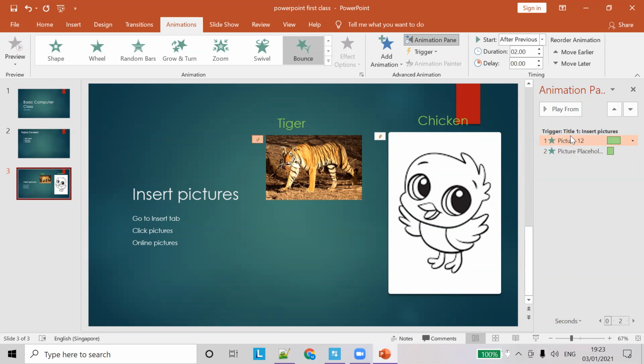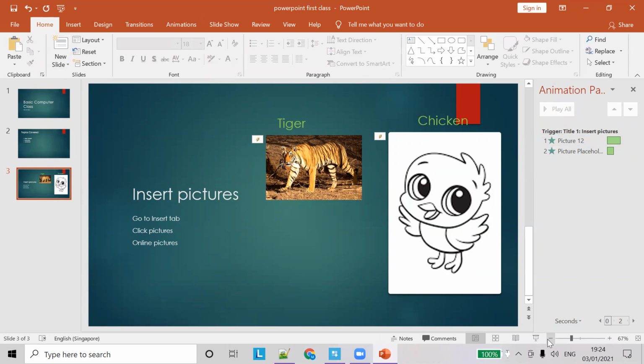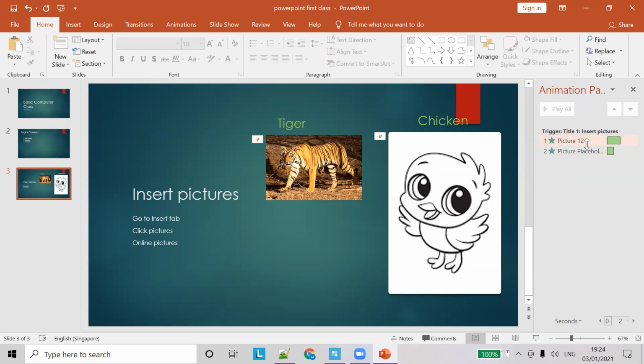So once you do this, the trigger is title one. Insert picture, I'm going to click it. What will happen is we didn't click the title one, so that's the reason it's going to appear.